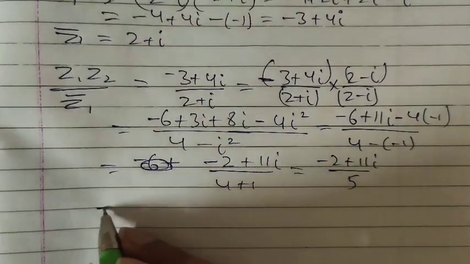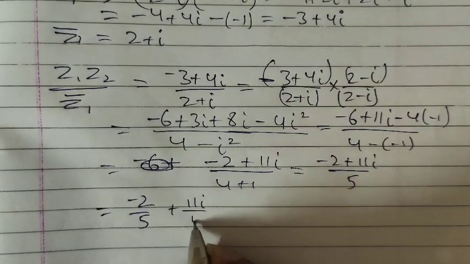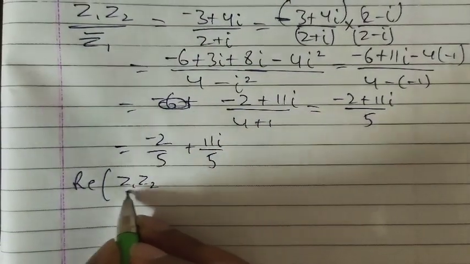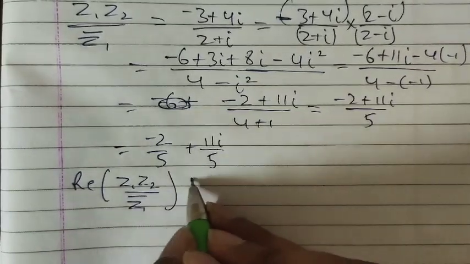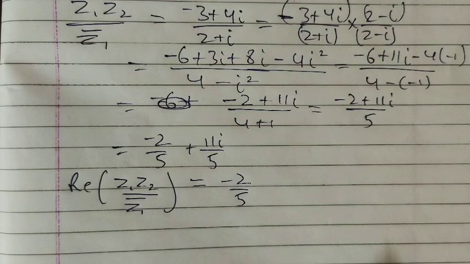So we can say it is equal to minus 2 upon 5 plus 11 iota upon 5. So the real part of z1 z2 upon z1 bar is equal to minus 2 upon 5. This is our answer, right?